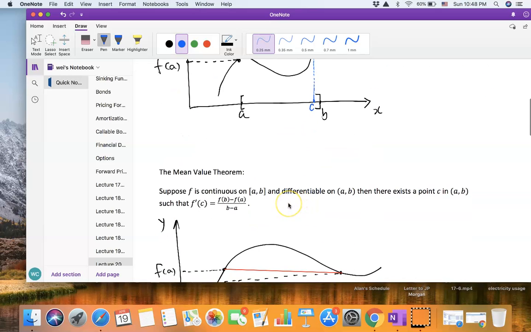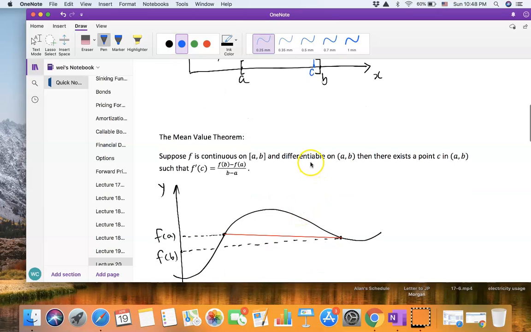And the mean value theorem also requires the function to be differentiable. Remember, we said differentiable means the derivative exists everywhere on this open interval.